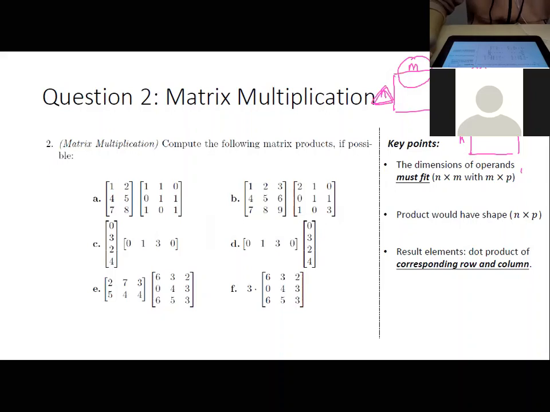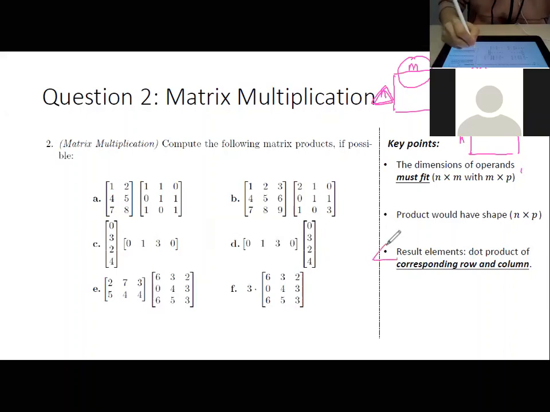So after we learn the first point and the second point, we already know how to decide whether these two matrices are possible to multiply, and we can also predict the final size of the result. And we can also check whether we did the calculation right or not. If you do the calculation wrong, you are likely to have the wrong size of the final result.